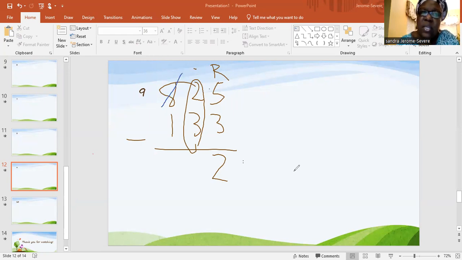Very good. If you say it's 7, and you put the 1 in front of the 2, very good. If you say 12 take away 3 is what? You say, very good. If you say 9, and if you say 7 take away 1 is what? You say 6. Good job.